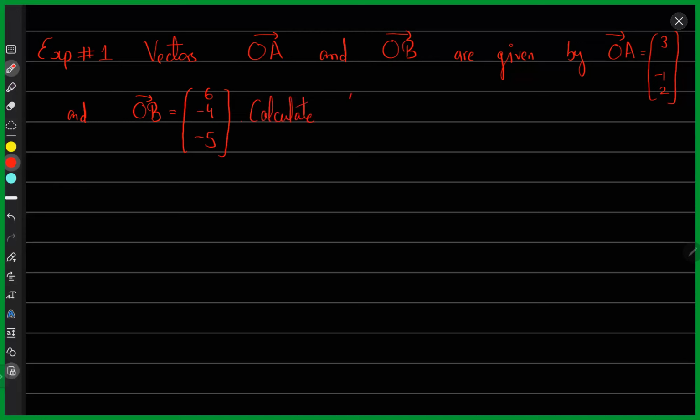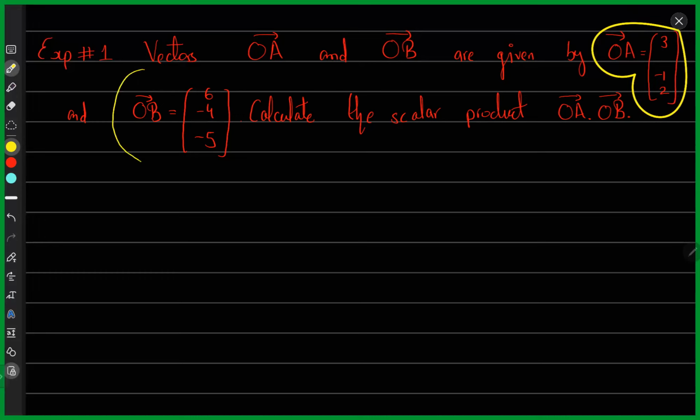Calculate the scalar product OA dot OB. Okay, now this is the question, and now you need to think about it. So vectors OA and OB are given by OA equals 3, minus 1, 2. This is OA and this is OB. Calculate the scalar product OA dot OB.